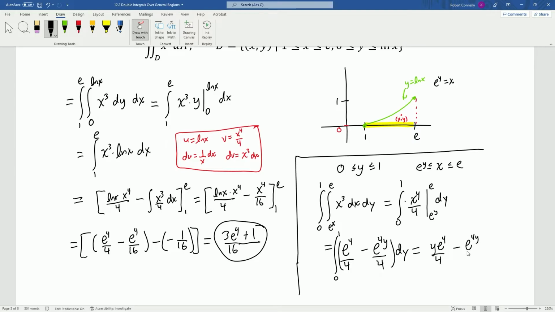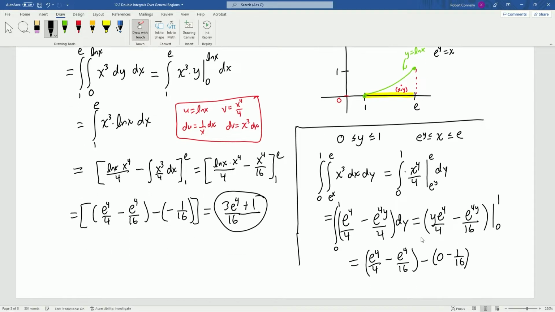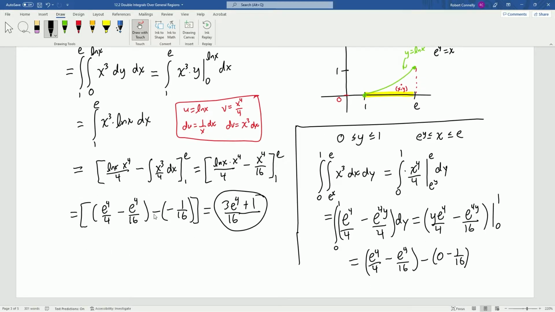So we need to divide by 4 again, so that should be over 16. Evaluated from 0 to 1. And when I evaluate at 1, I get e to the 4 over 4 minus e to the 4 over 16, minus 0 minus e to the 0, which is 1 over 16. And by golly, that's exactly the same answer that we got before.